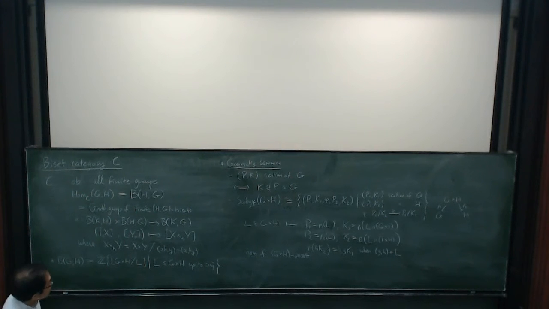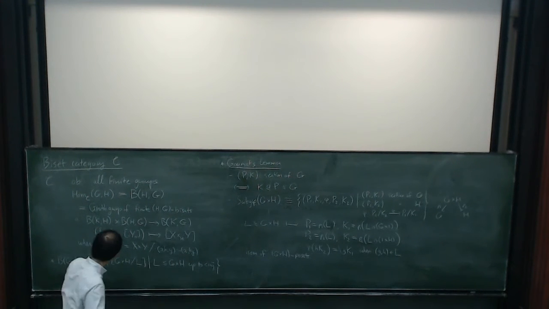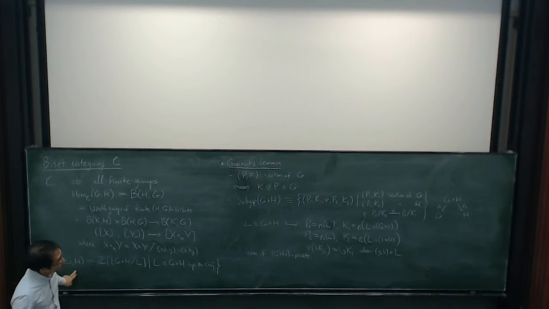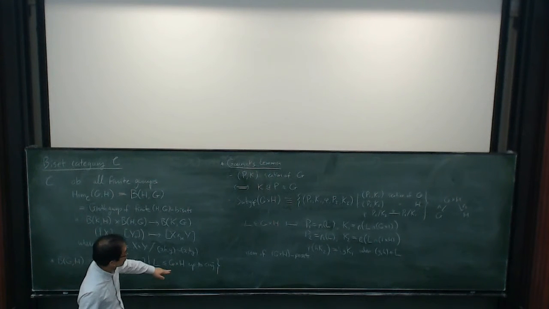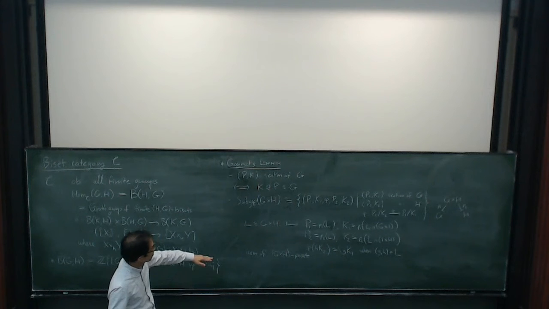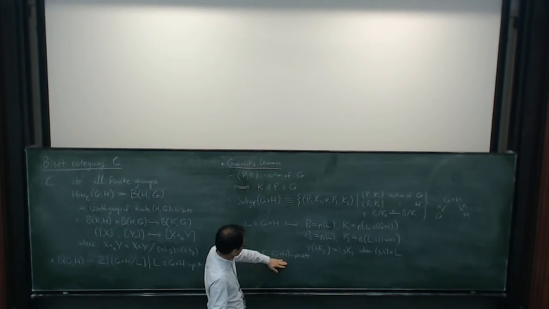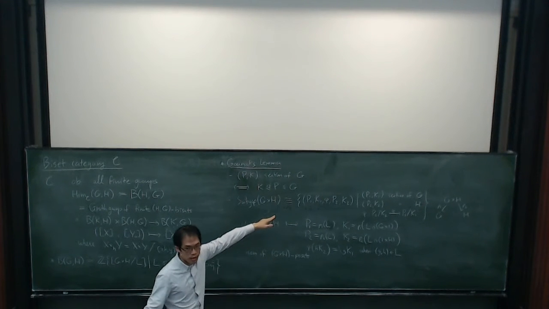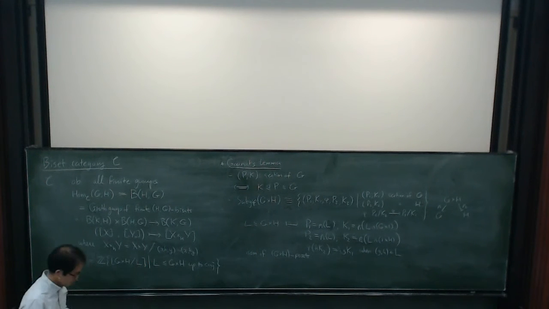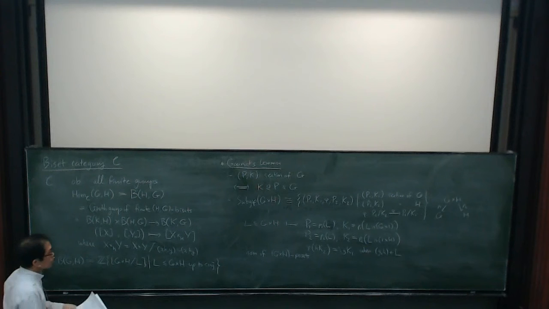Okay. So that's it. At least this group, as an abelian group, is a free abelian group, and the basis is in bijection with G cross H conjugacy classes of these quintuples. So that's one thing.